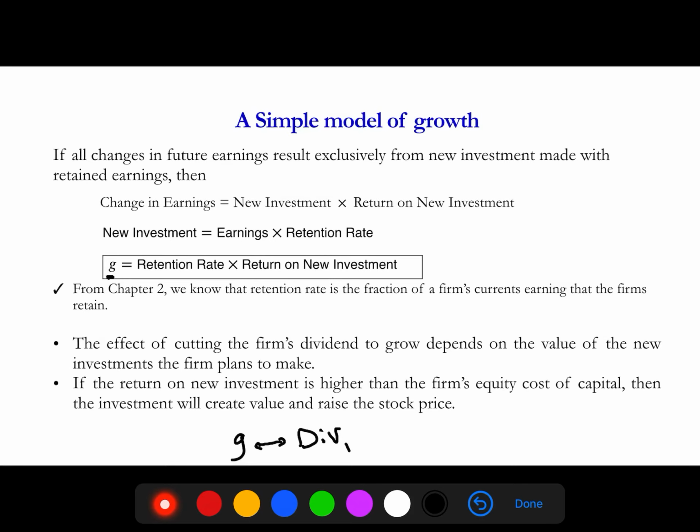So if the firm has many profitable investments available, the firm will be better off retaining its earnings and investing in those projects. Otherwise, the firm would be better off paying out most of its earnings as dividends to its shareholders.